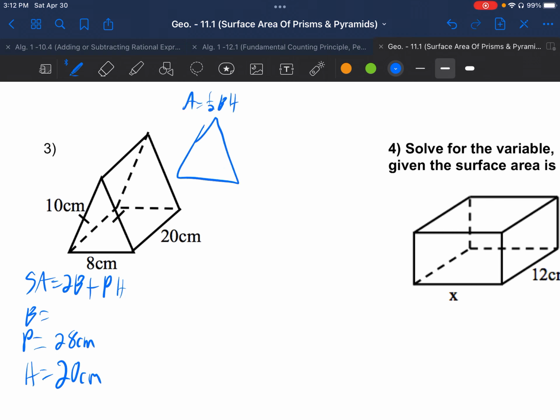So if I take that triangle over here, and make a better triangle, we know 10 centimeters, 10 centimeters, and 8 centimeters. So again, I'll draw an altitude in at a right angle, and it cuts this to 4 centimeters on just this portion.